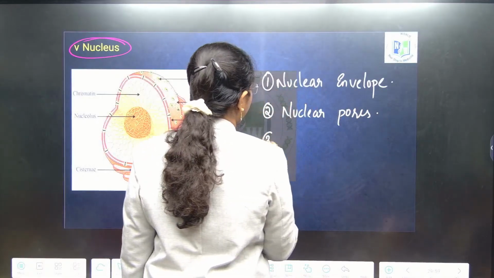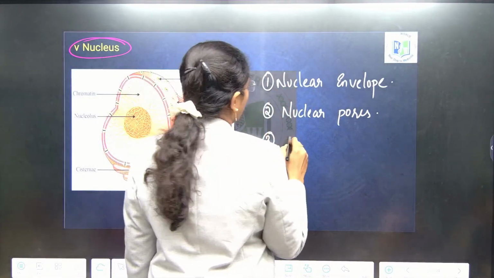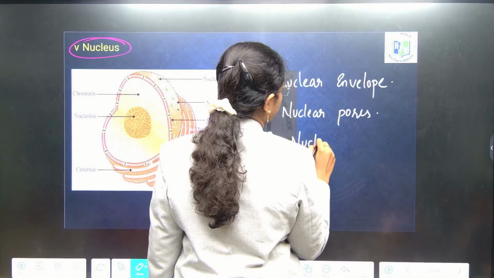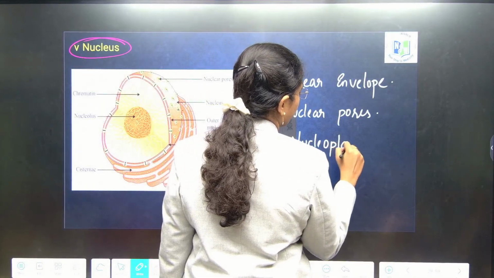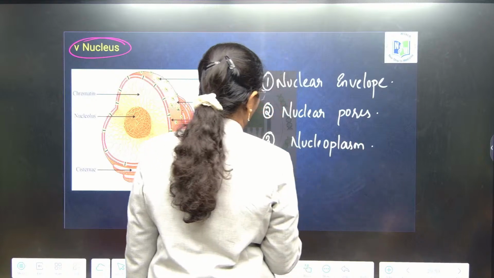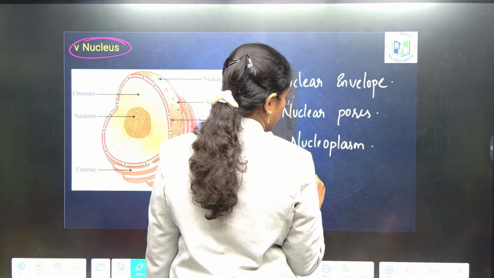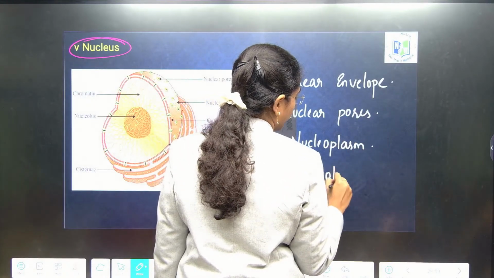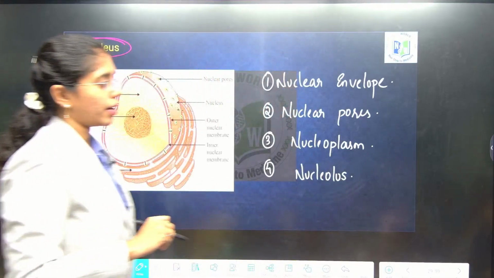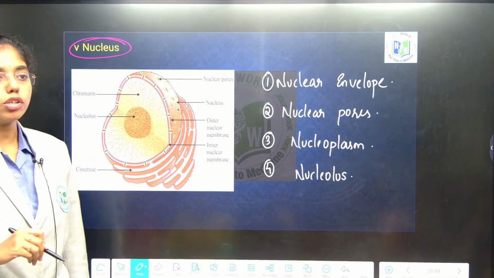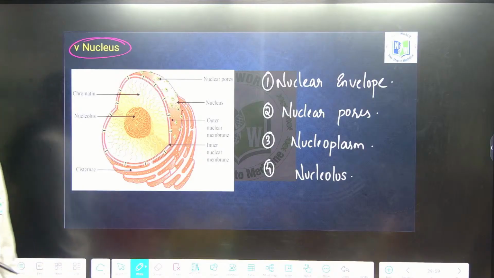And third, nucleoplasm. Fourth, nucleolus. Fine, right? Nuclear envelope, nuclear pores, nucleoplasm and nucleolus.